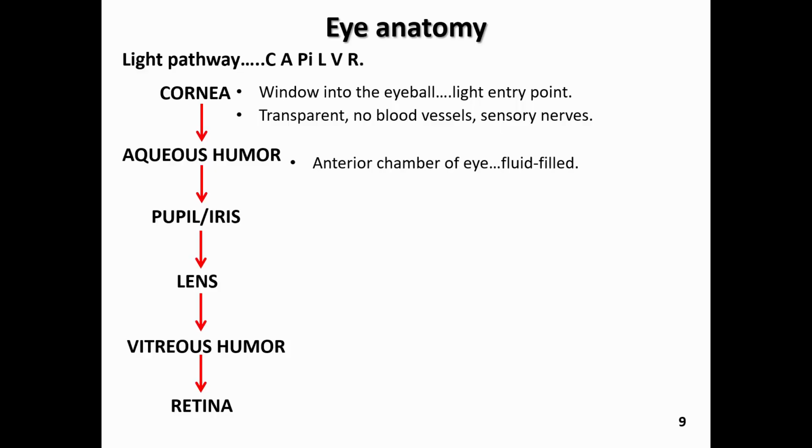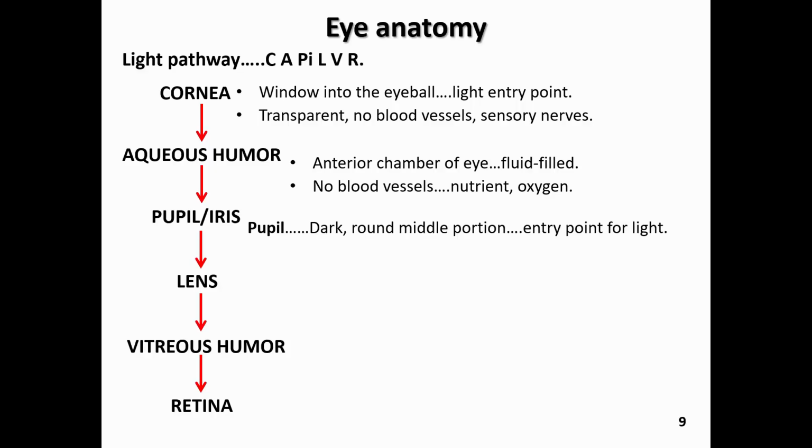The aqueous humor is specifically here the anterior chamber of the eye. It's just below the cornea, and it's fluid filled, and there are no blood vessels. Yet the fluid here comes from blood vessels, and that fluid will fill this particular very thin region, and it provides nutrients and oxygen to the cells of the cornea and other regions in this particular region of the eye.